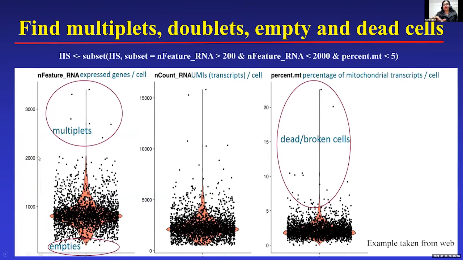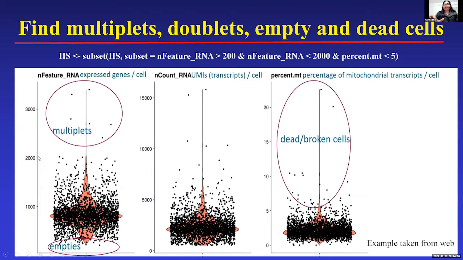one graph, which we call a violin plot, for doing quality check. In this graph, we see the nFeature_RNA, that is the expressed genes per cell. So here we check what are the expressed genes per cell. Generally they should be in a bin. By a bin, I mean all the cells are most likely covering this area, which I am highlighting right now, ranging from 200 to 2000.